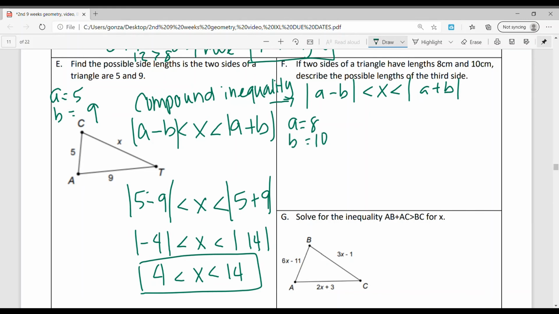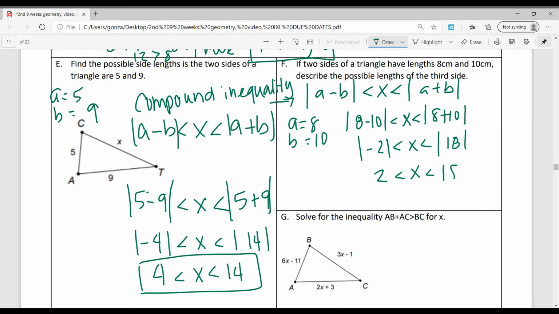So the absolute value of 8 minus 10 is less than X, less than the absolute value of 8 plus 10, which is the absolute value of negative 2, less than X, less than 18. So I have 2 is less than X, less than 18. So the possible measurement of X has to be between 2 and 18.